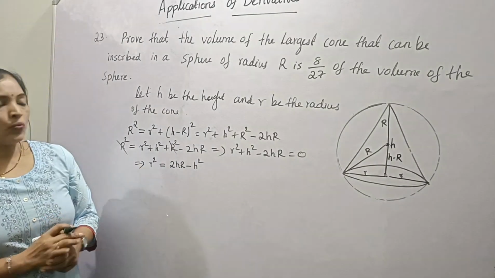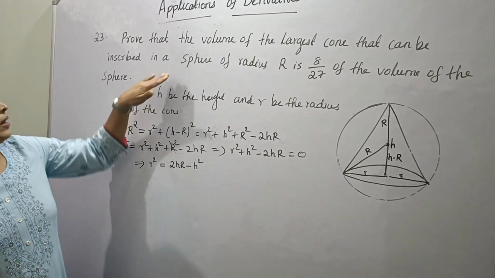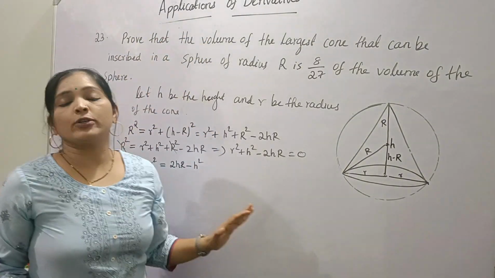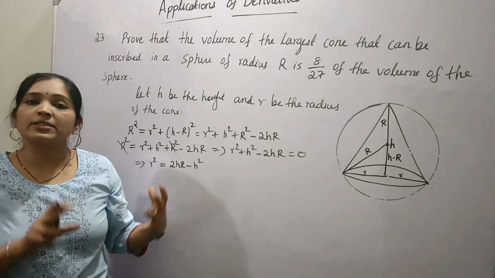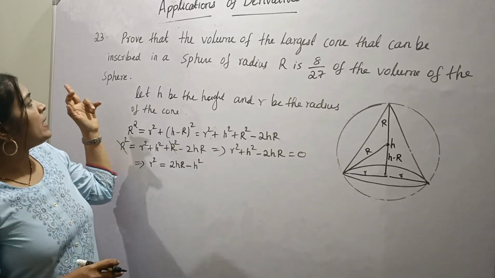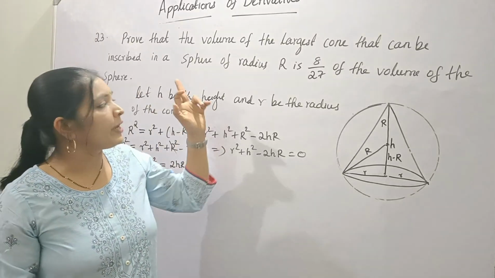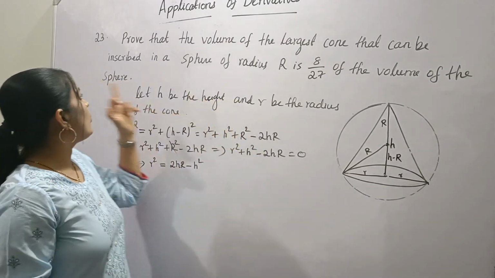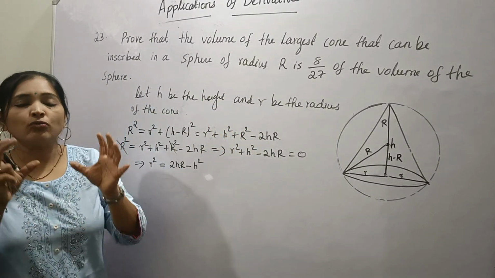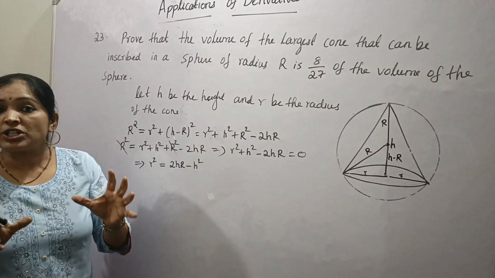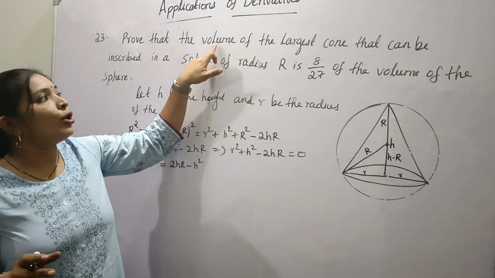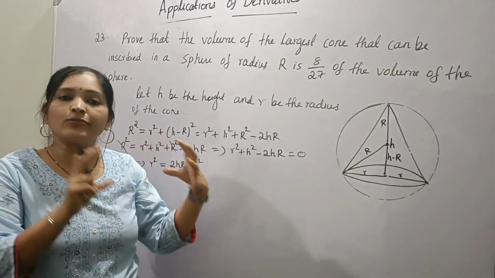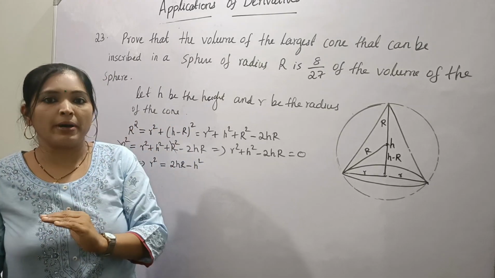Then what is our function? Prove that the volume of the largest cone that can be inscribed in a sphere of radius R is 8 by 27 of the volume of the sphere. Our function is nothing but the volume of the cone. Largest cone means when the volume of the cone is maximum.